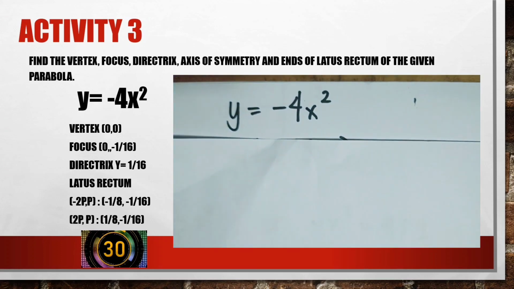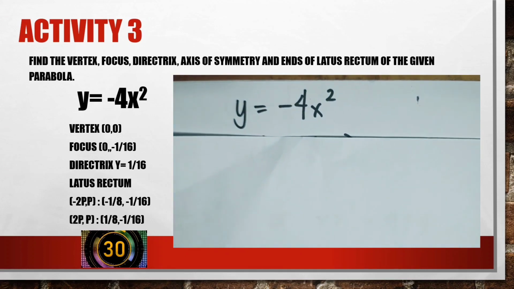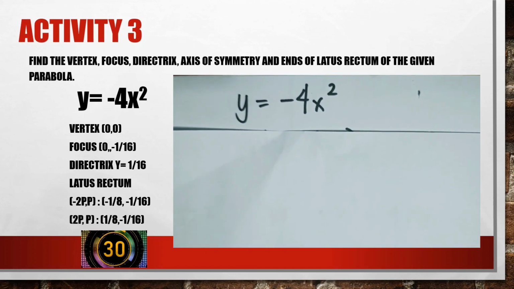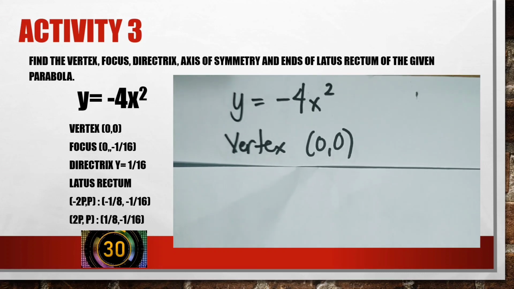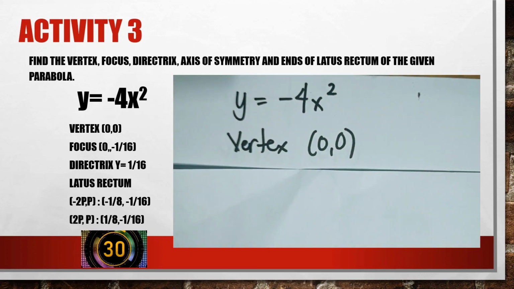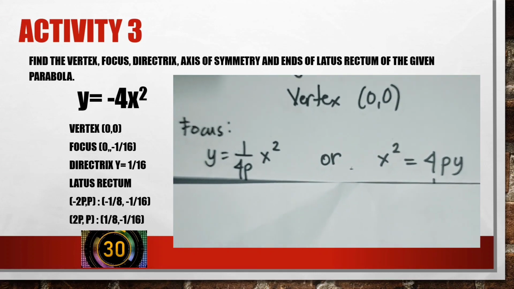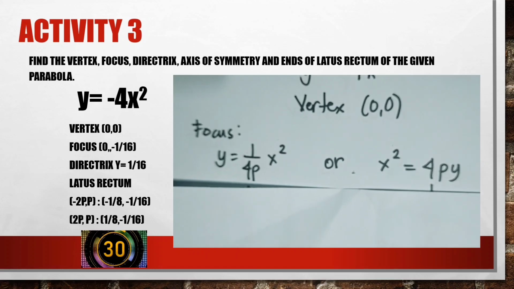In the equation y is equal to negative 4x squared, since the numerical coefficient of our equation is negative, the opening of the parabola is downward. The vertex is (0, 0). Finding the focus, we have y is equal to 1 over 4p x squared, or x squared is equal to 4py.